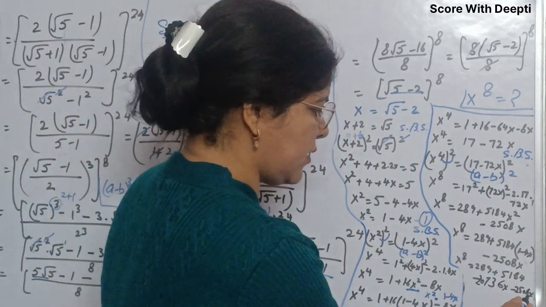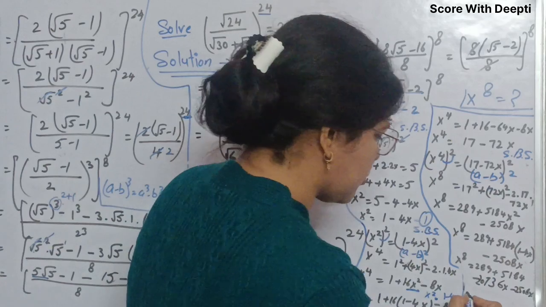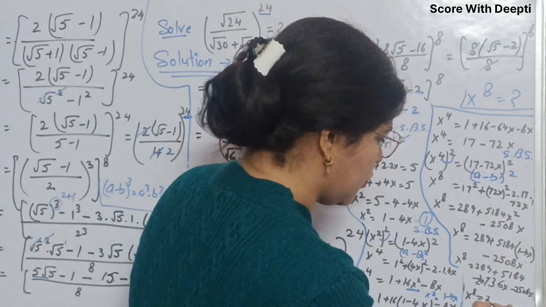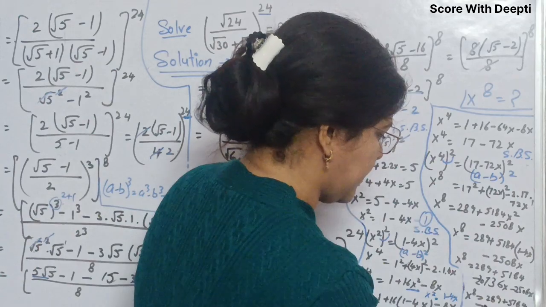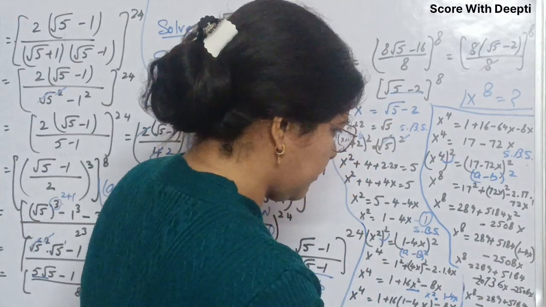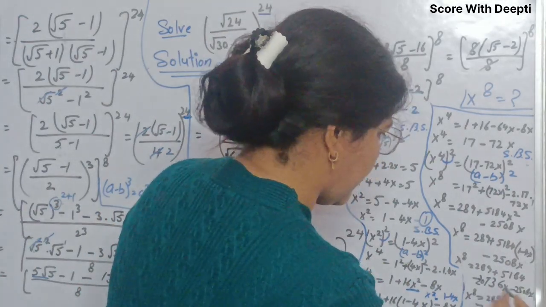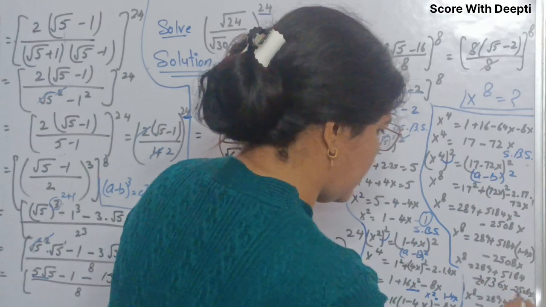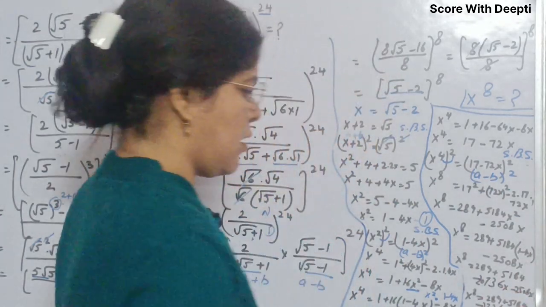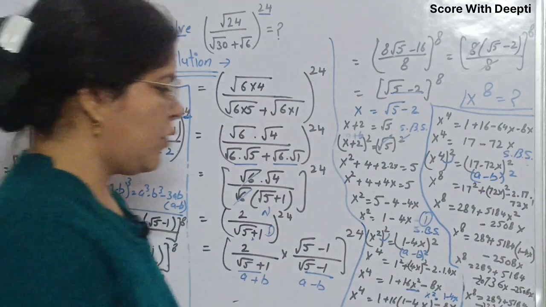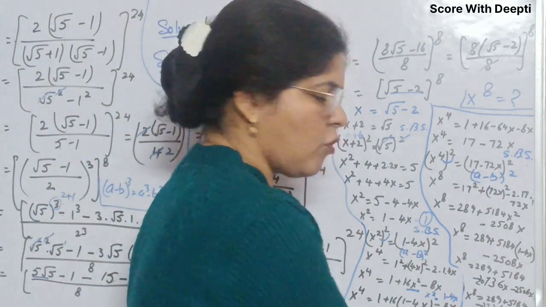Next we add these two and get x to the power 8 equal to 289 plus 5184 minus 23184x. Now here we get the value of x to the power 8 but in form of x.